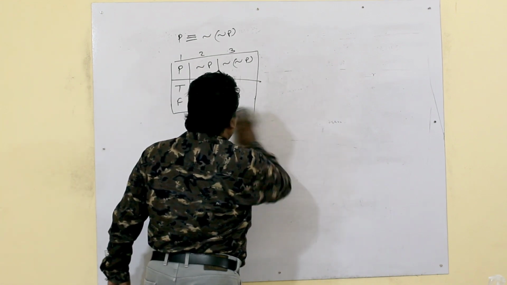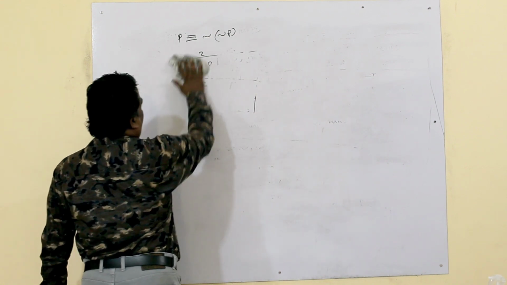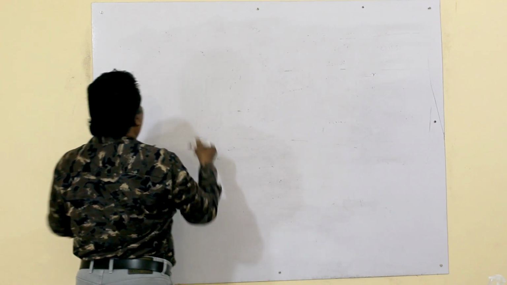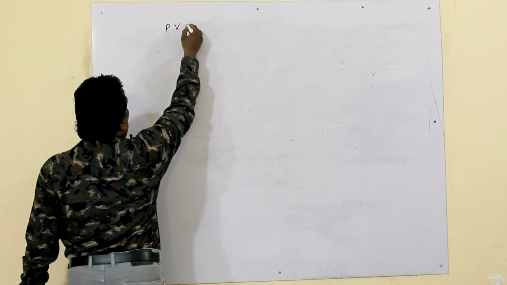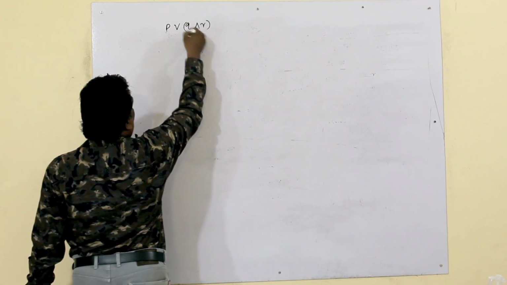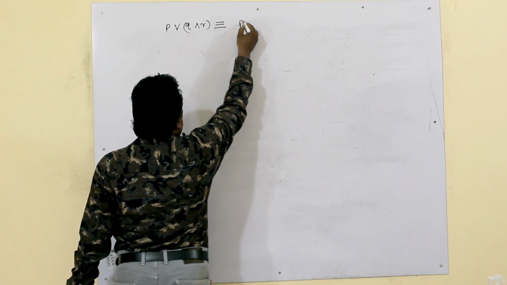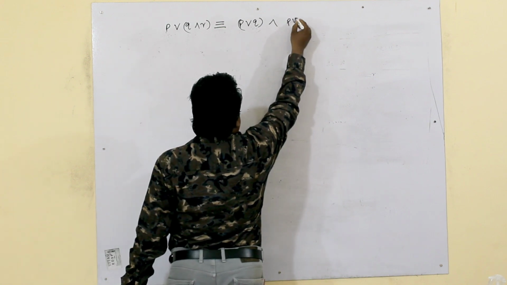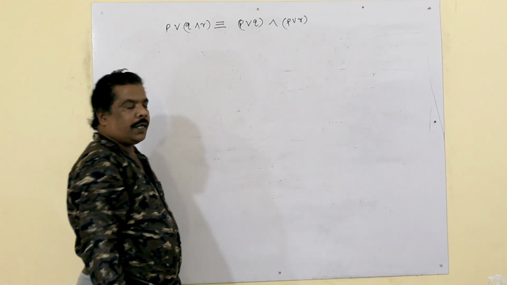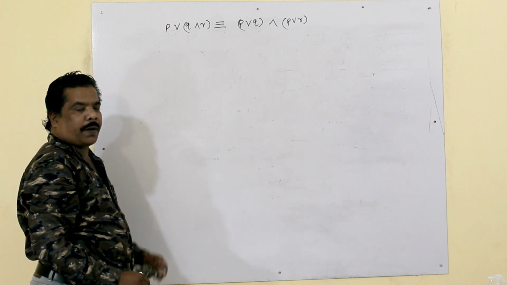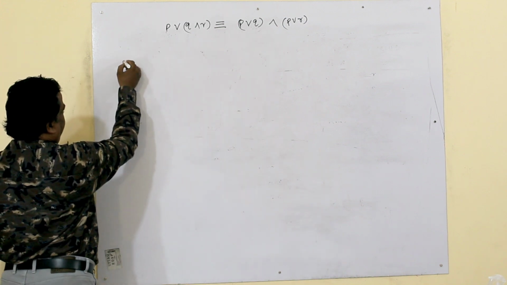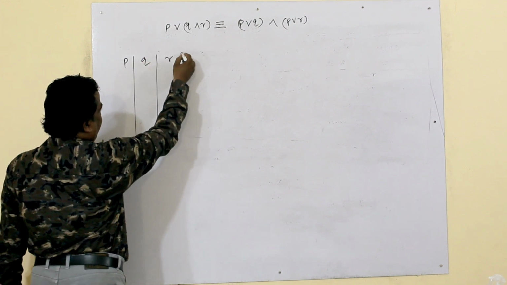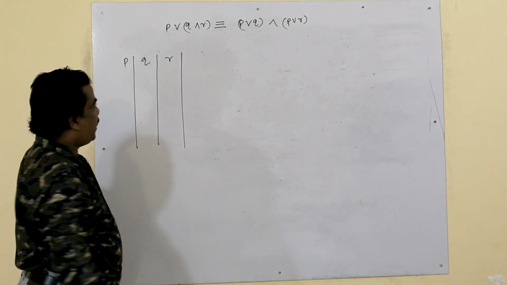The question is: by constructing truth table, prove that P or (Q and R) is equivalent to (P or Q) and (P or R). Here we see there are three prime components. One is P, another is Q, and the other is R. So we take three prime components.